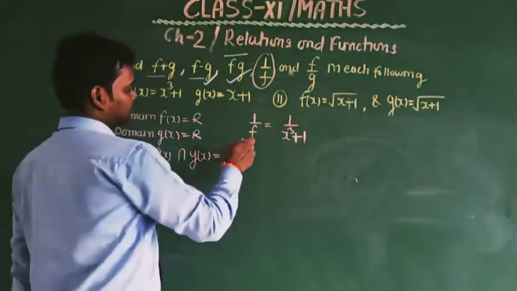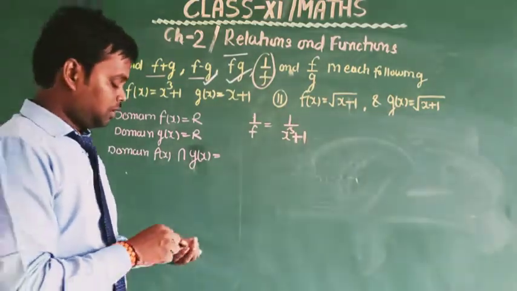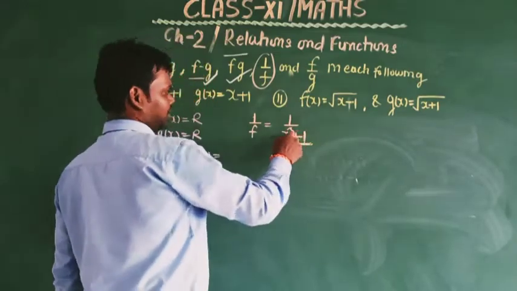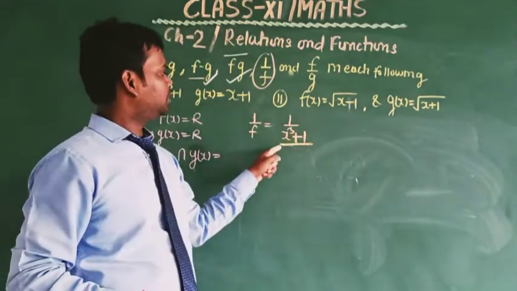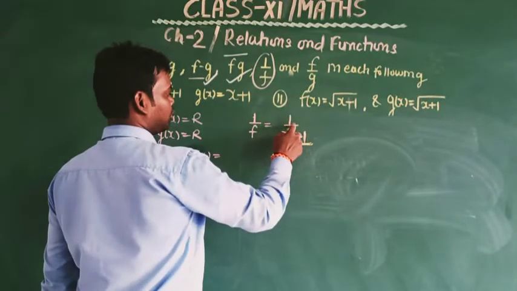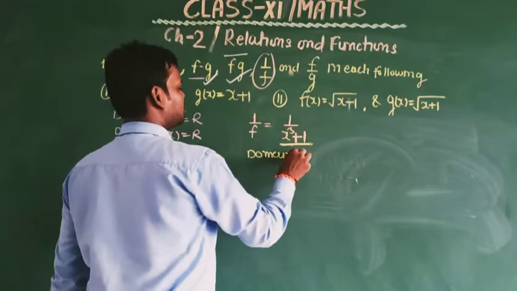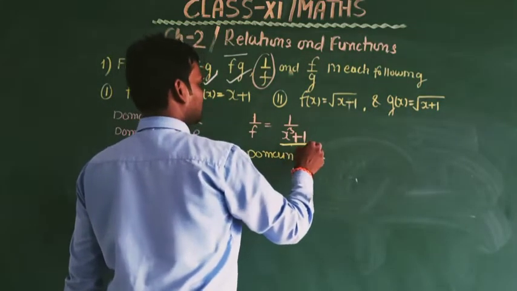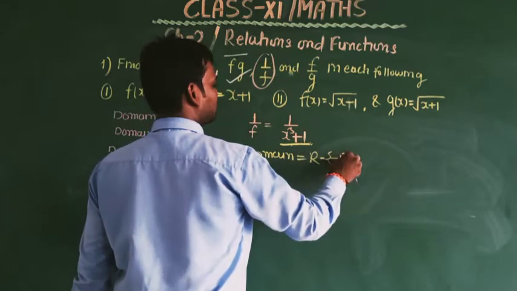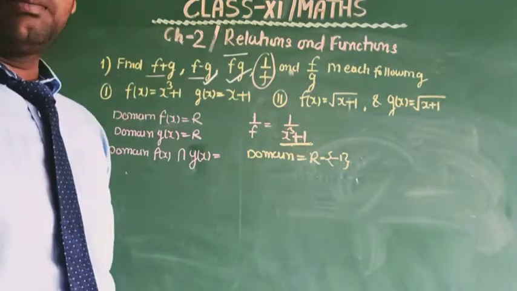So here we first find the domain. This is clear by observing the function. The domain of the function in this case is all real numbers except -1.